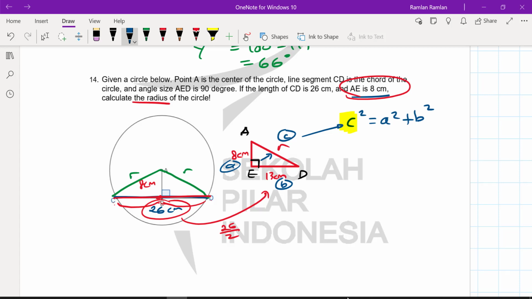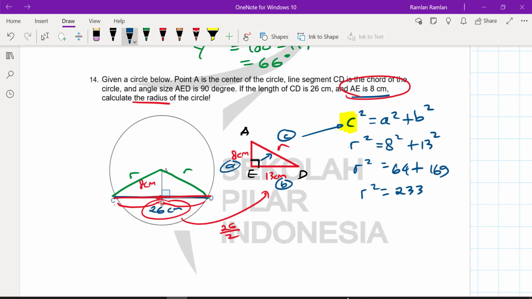Because c is the radius, I'm going to write R squared equals a squared, which is 8 squared, plus 13 squared. Then you can just put this into the calculator, guys. 8 squared is 64, and 13 squared is 169. Then you only need to add those two numbers, and you will get 233.